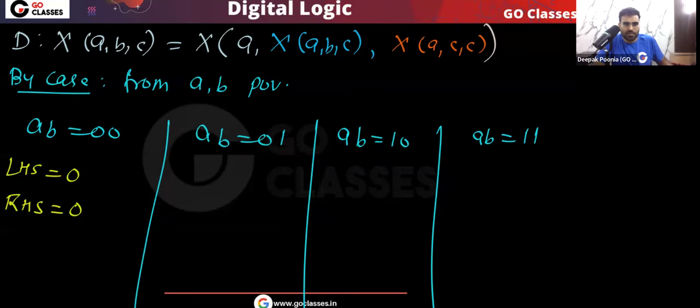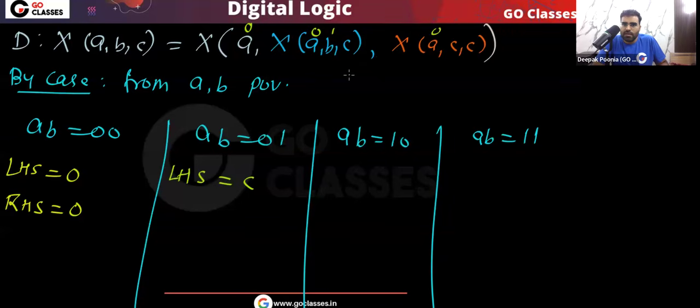What about this case? Means A is 0, B is 1. Now it will depend on C. The LHS will depend on C. If C is 0, LHS 0. If C is 1, LHS 1. So I can say that LHS will become same as C. Correct? Okay. Now let's see RHS. So you can see this A 0, A 0, B 1, A 0.